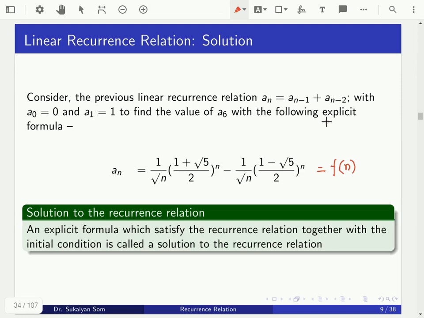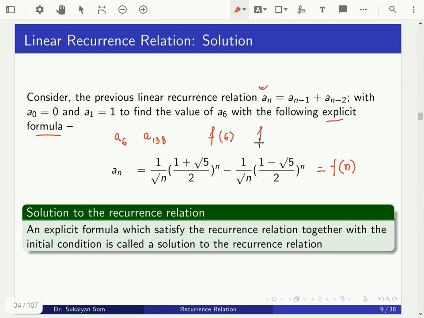So we call such an expression or such an equation an explicit formula for the given recurrence relation, and the advantage of using such an explicit formula is, if now anyone asks me to find the value of A6 or even A138, I will simply consider this A6 to be a function of n, and as a result I shall substitute n equal to 6 in this right hand side.